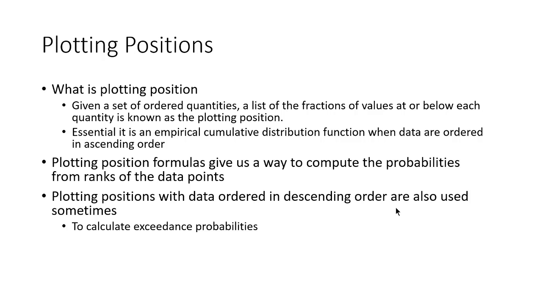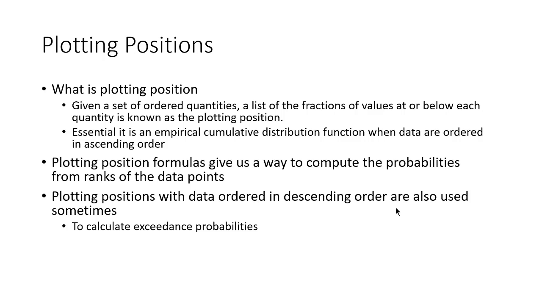Essentially, it's an empirical cumulative distribution function when data are ordered in ascending order. Plotting position formulas give us a way to compute the probabilities from ranks of the data points, and these cumulative probabilities correspond to every sample data point that we have in that sample.